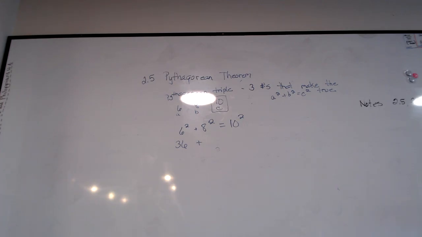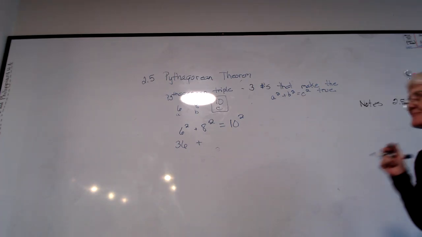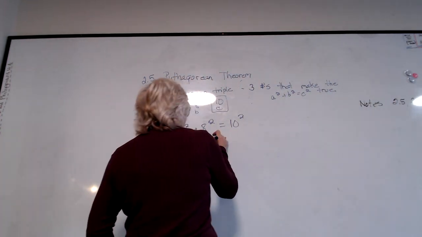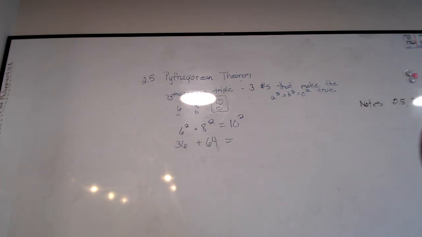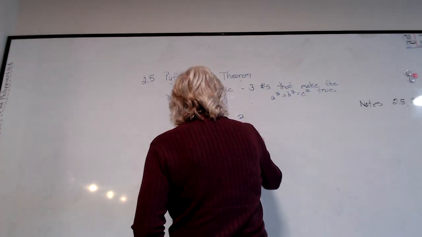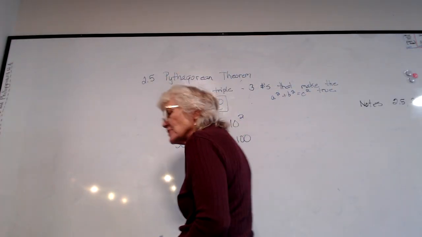You will not go far in math if you don't know your multiplication tables, so practice them. It's 64. Without a calculator, we should be able to do it. Okay, what is 10 squared? Lil, what is 10 times 10? 100.